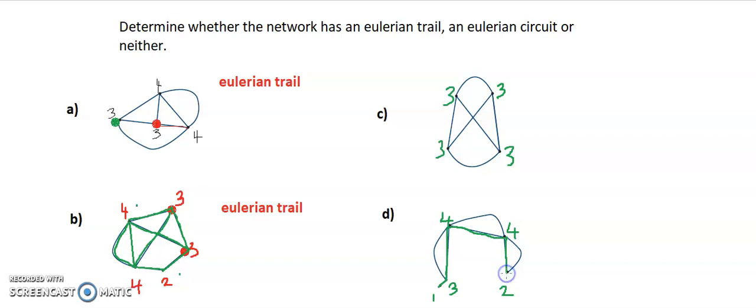Remember, with trails and circuits you cannot go over the same edge, but we can go to the same vertex. And again, I get back to this vertex right here. So this shows me again I have a Eulerian trail.